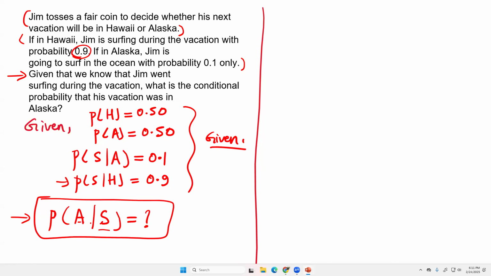So how do you solve for this? P of A given S, over P of S. So what is the probability of A and S? How do you find that? Let me write equation 1.